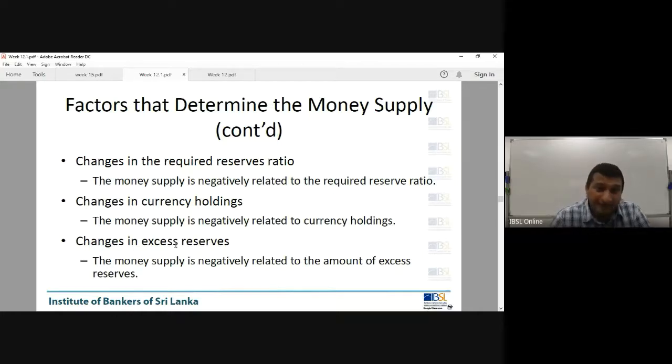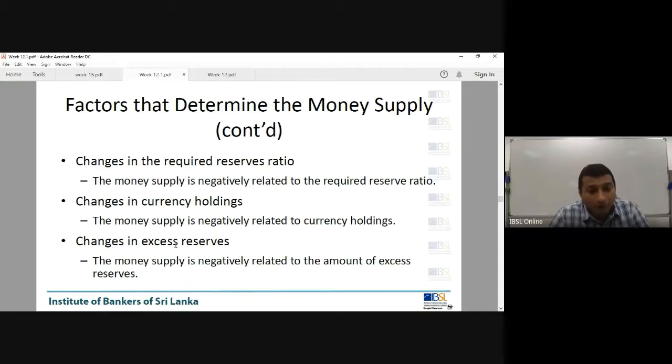If you decrease it, the money supply will increase, because you have much larger multiple deposit creation opportunities when you reduce the statutory reserve ratio. So it is negatively related to the money supply, the reserve ratio negatively related to the money supply process.